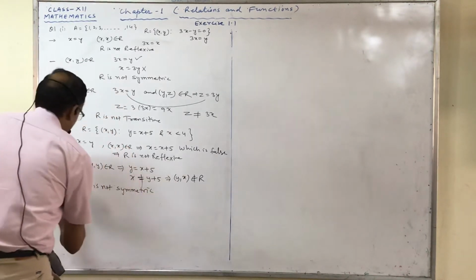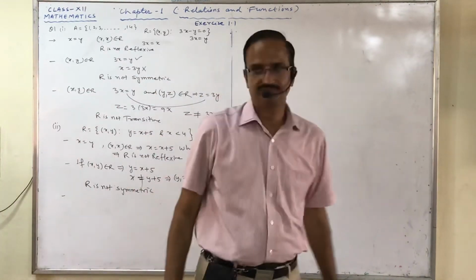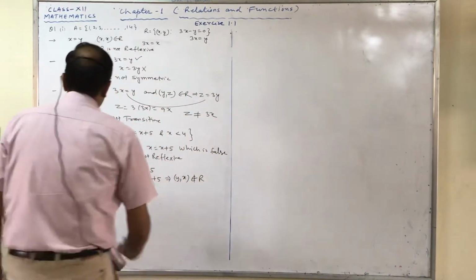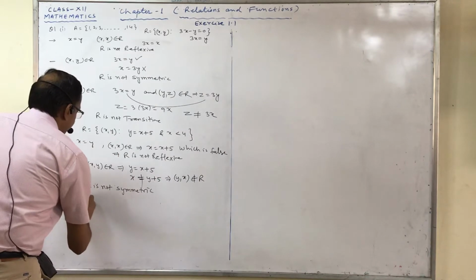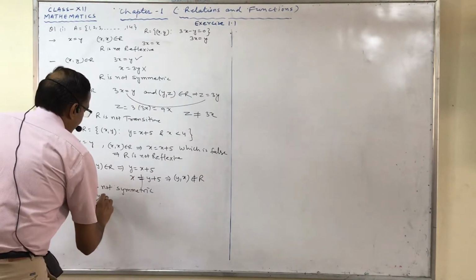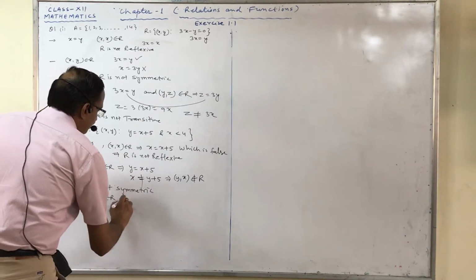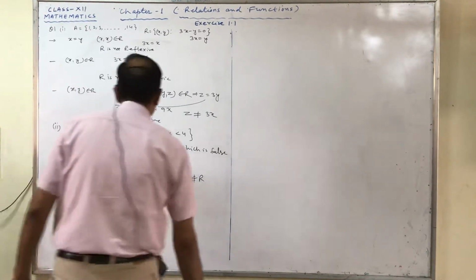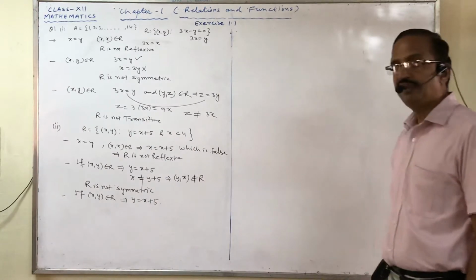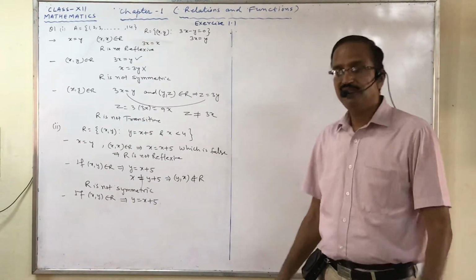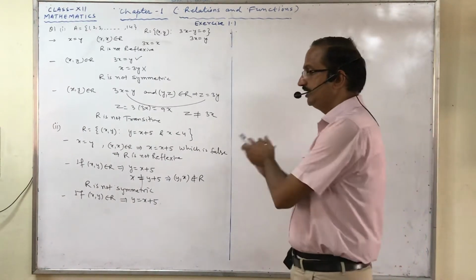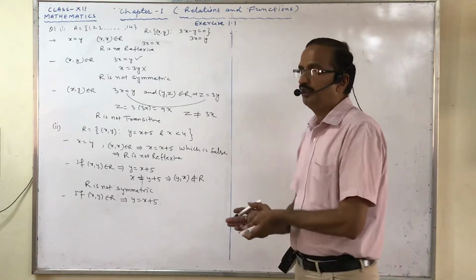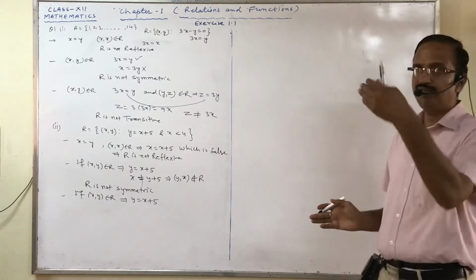Now come to the third, that is transitive. For that, if (x, y) belongs to R, this implies that y equals x plus 5. And we will check the second relation, that is whether y is related to z. Then only we will check the relation between x and z.